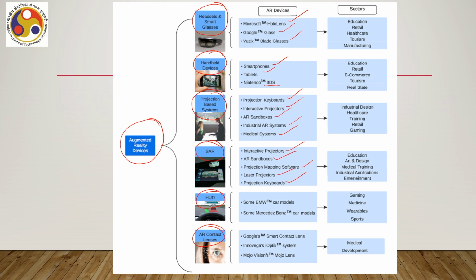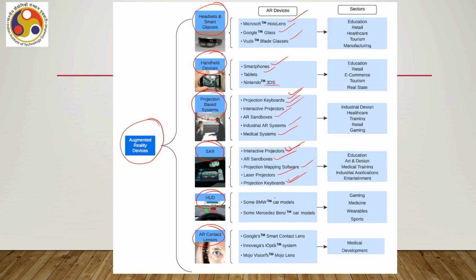Note that these interactive projectors and projection keyboards are also mentioned in the projection based systems, so we will see them separately in the later part of the lecture.